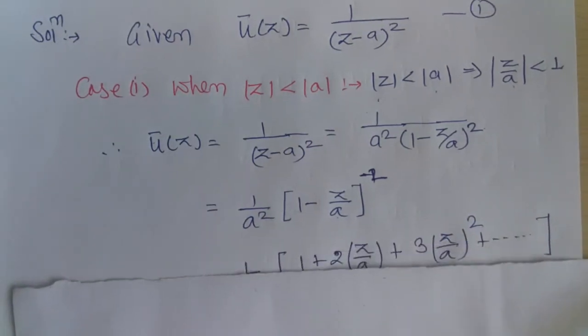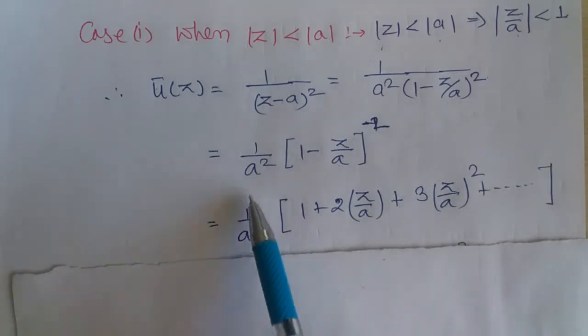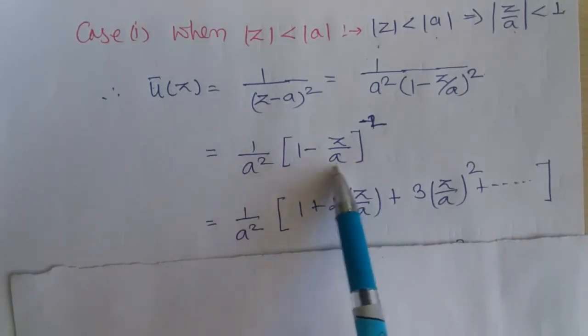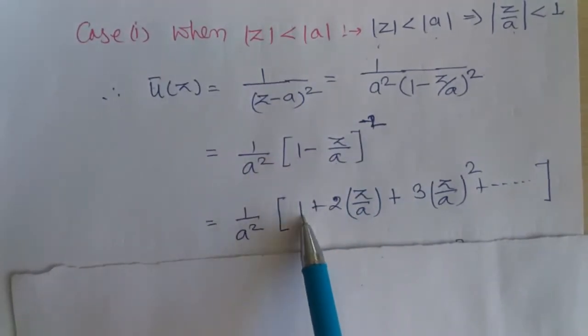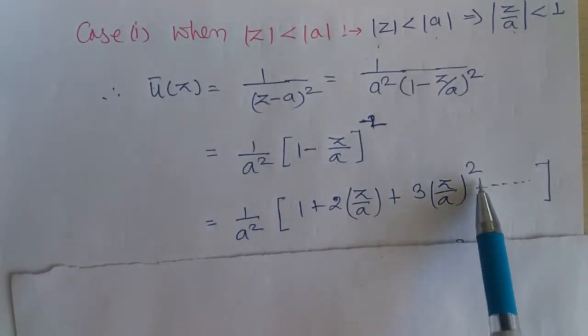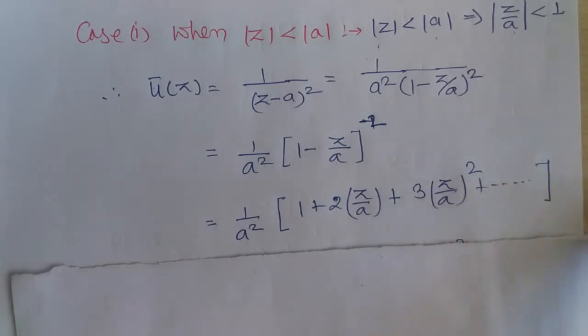Then we get 1 upon a square multiplied by the binomial expansion of this expression, which gives 1 plus 2z by a plus 3 (z by a) whole square plus 4 (z by a) whole cube and so on.